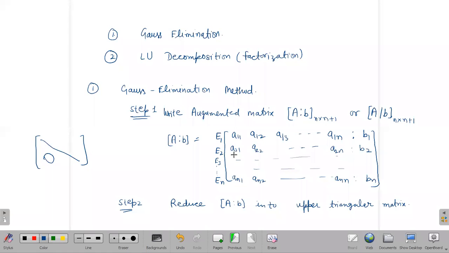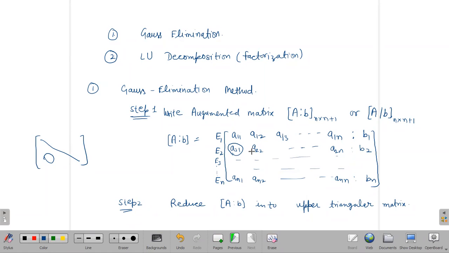Yes, ma'am. Can you make this number zero? Then what will be the operation? If I want to make this number zero, A21, which is in the second row, then how to make this number zero? By using E1.